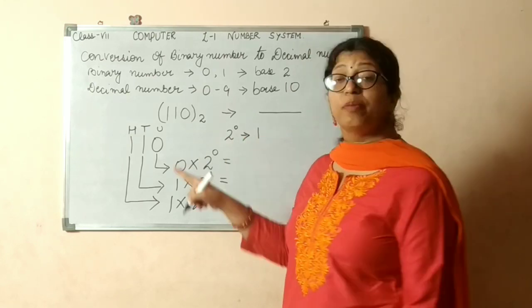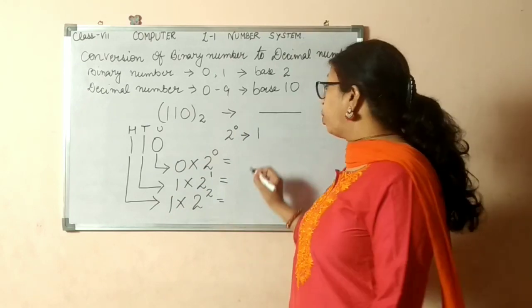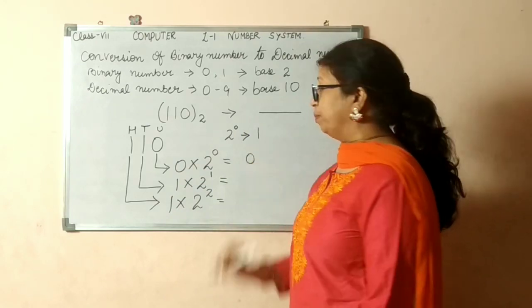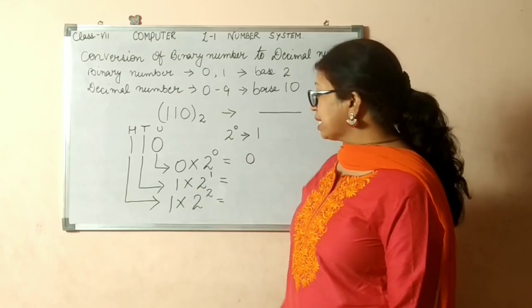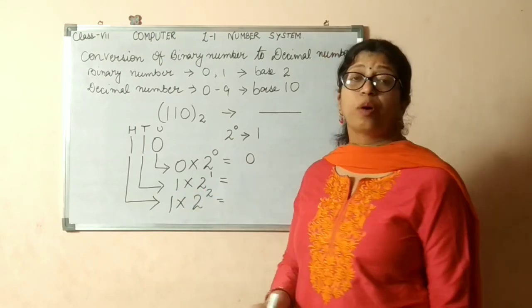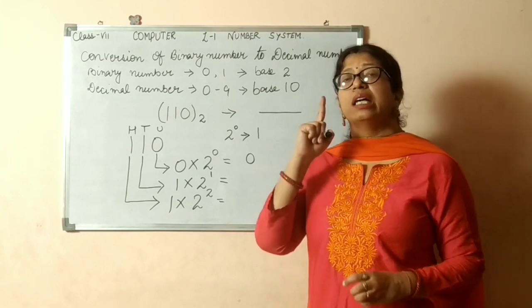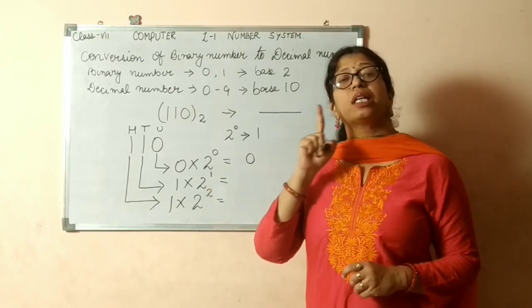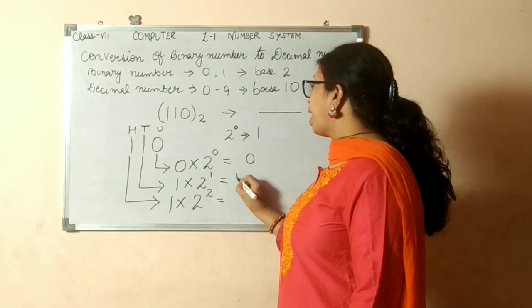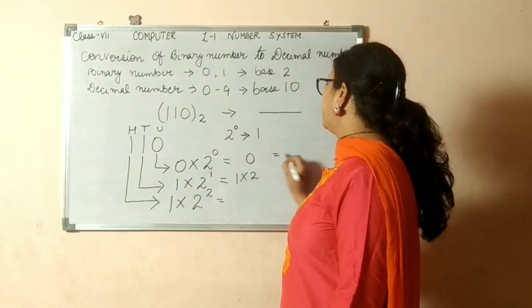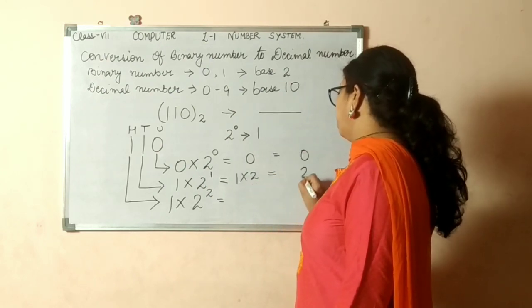And when I multiply 1 with 0, I will get the answer 0. In the next number, 1 into 2 raised to the power 1. 2 raised to the power 1 means the 2 is repeated one time only. So 1 into 2 will be 2.